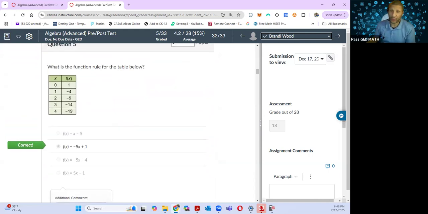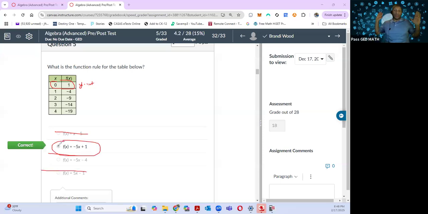This is one of the hardest problems people have because, first of all, you have to identify your y-intercept. Anywhere x is 0, whatever y is, that's my y-intercept. So I know it's y equals mx plus b, with b being 1. So I know it's not this, not this, not this. I'm done. For me, that's a 5-second problem.